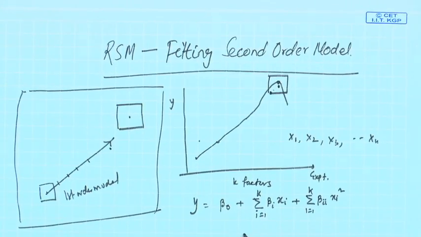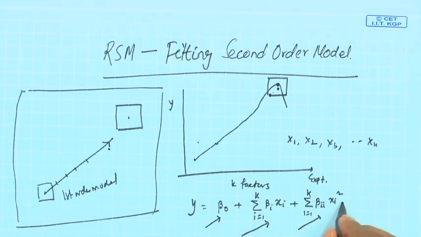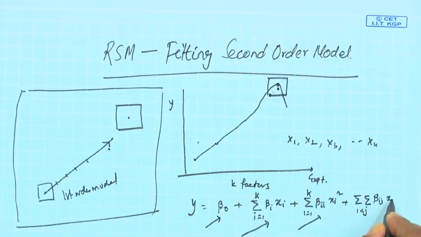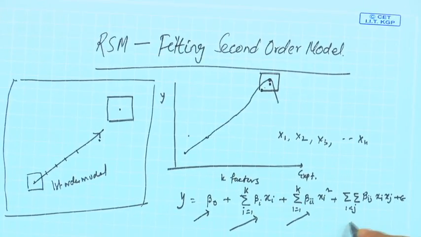So, this is our main effect, this is the intercept, and this is the quadratic effect, plus there will be the interaction term, i less than j, beta ij x i x j, plus the error term.